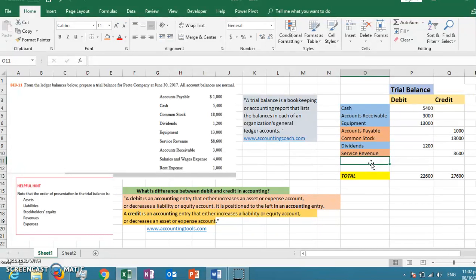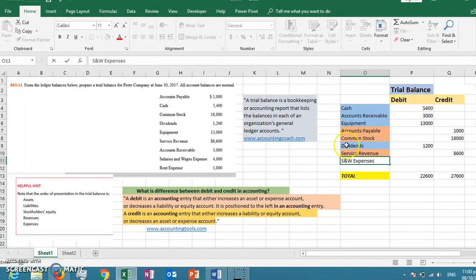Then the last one is expenses, and we have salaries and wages expenses. I'm just going to, this is kind of blank. We'll read it again. Debit is an accounting entry that increases an asset or expense account.